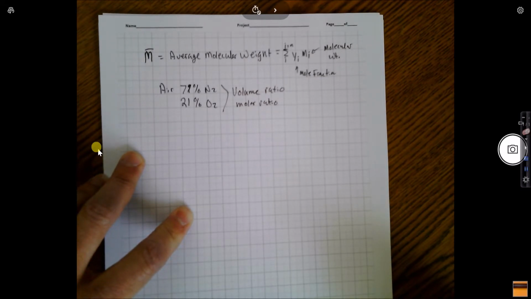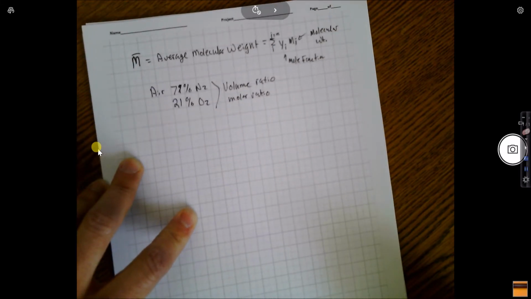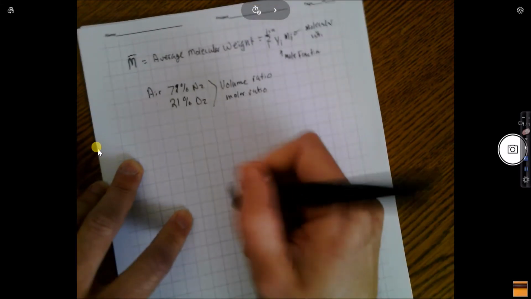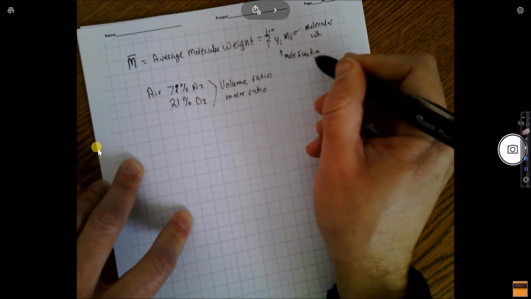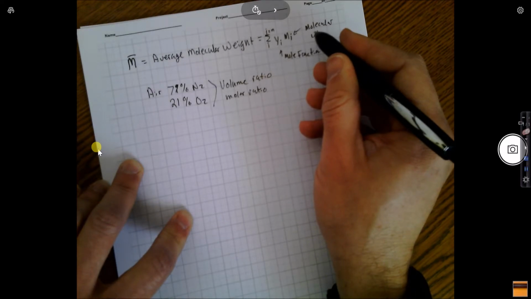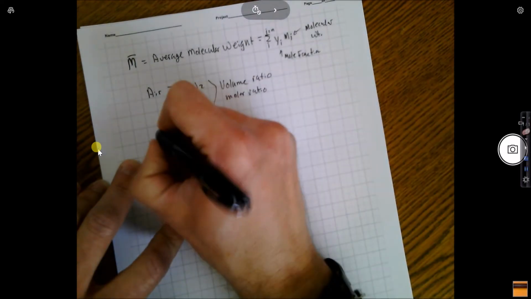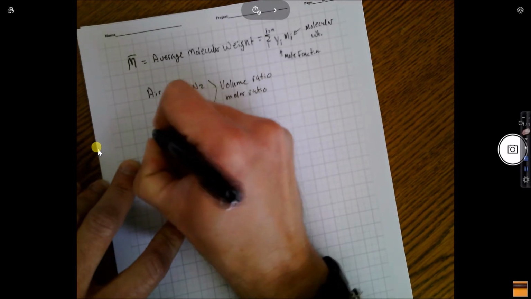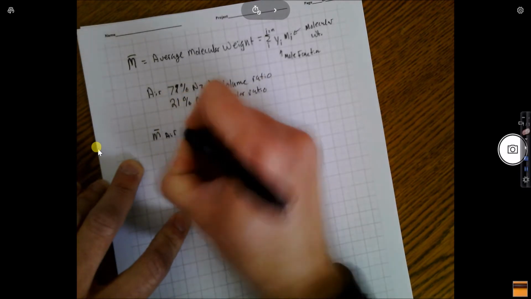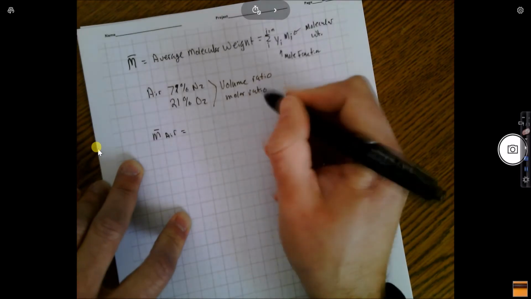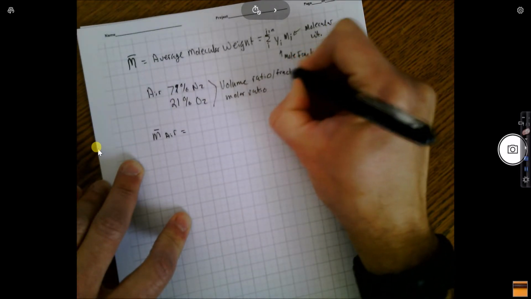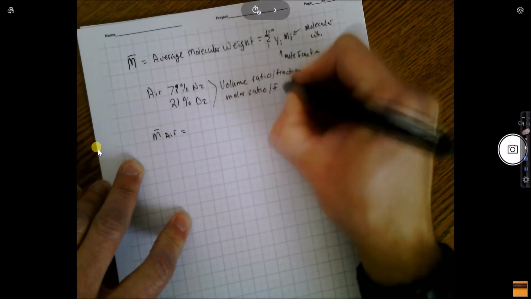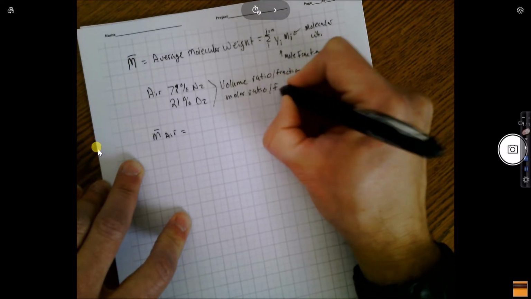In this case, let's do things in terms of kilogram moles, just to get people familiar with the units. So the way we would write it, we look at our summation notation. We have mole fraction times molecular weight. And so we want to set up a summation now. So the molecular weight of air is equal to, so our molar ratio, we can also put slash, if we want to keep it consistent.